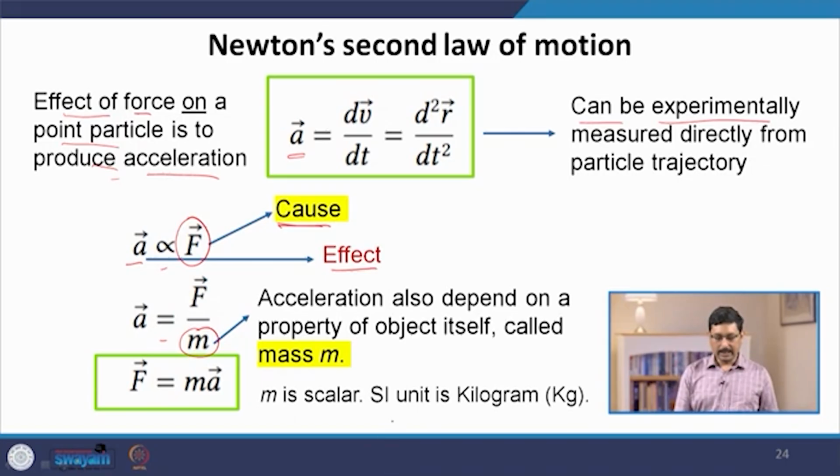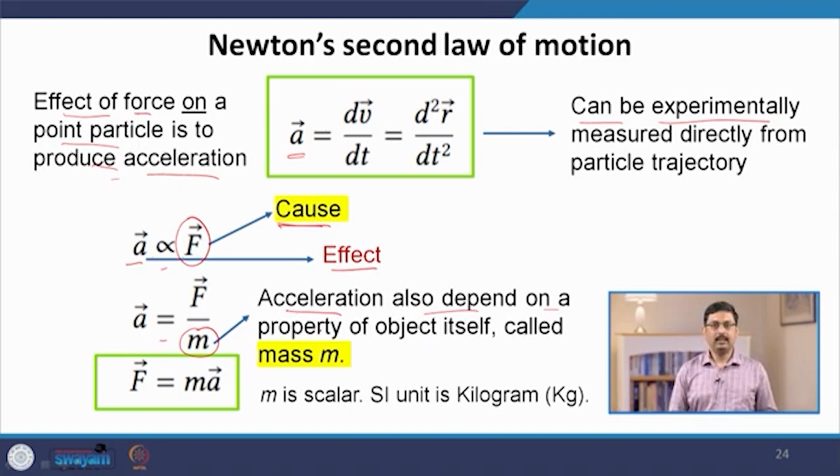This mass is a property of the object itself, not a property of the force acting on the particle. So, acceleration also depends on a property of the object itself, and this property, as we know, is called inertia or the mass of the particle.